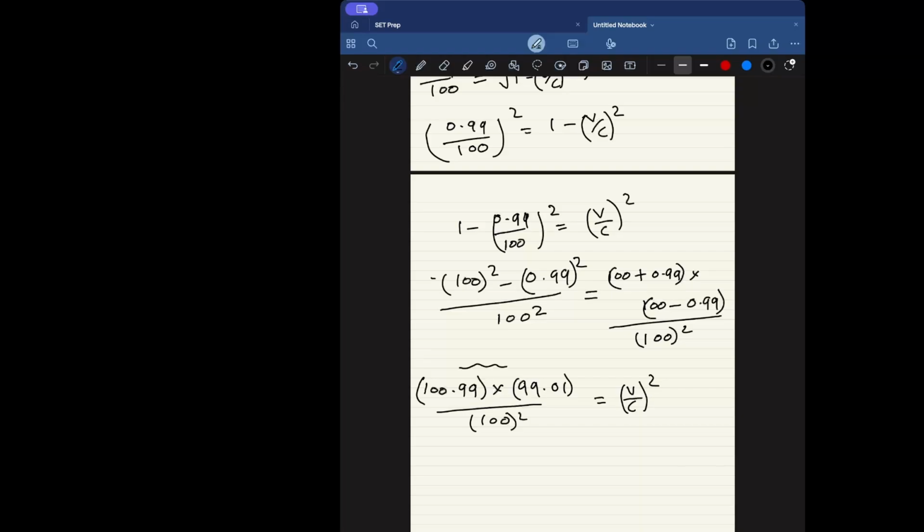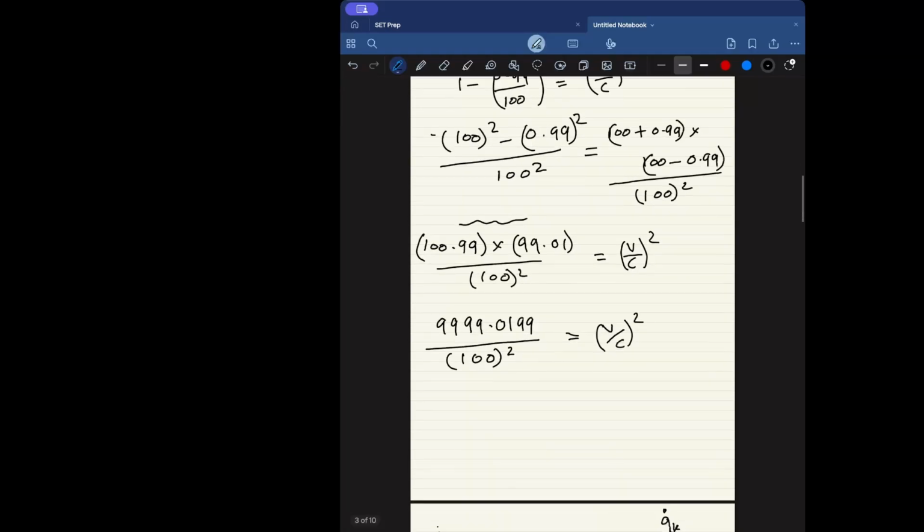I have calculated that product: 9999.0199 divided by 100 square equal to (v/c) square, and this is equal to 0.99990199.